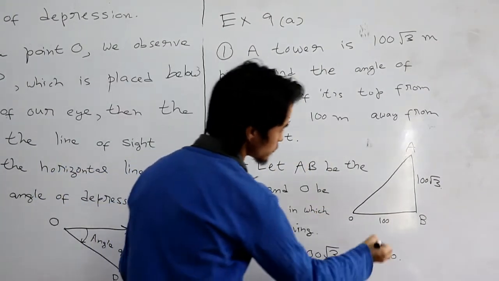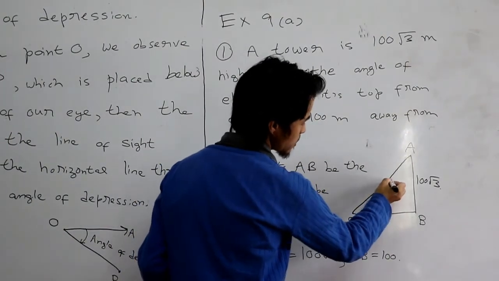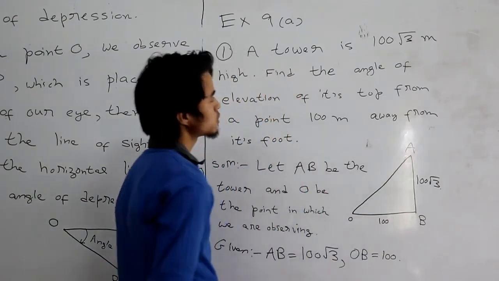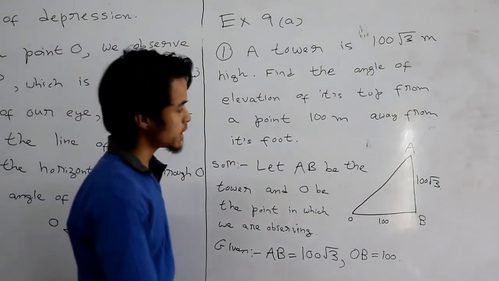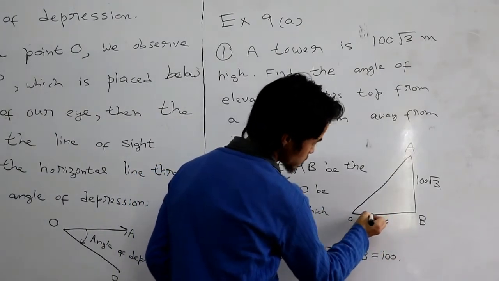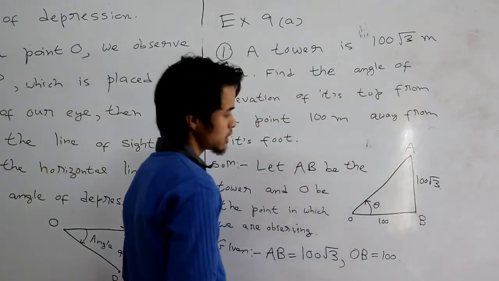And so now we have to find this angle of elevation. Because this is the line of sight, this is the horizontal line through O. And so according to the definition, angle of elevation is the angle which the line of sight makes with the horizontal line. So this will be that angle, and so this is the angle of elevation.